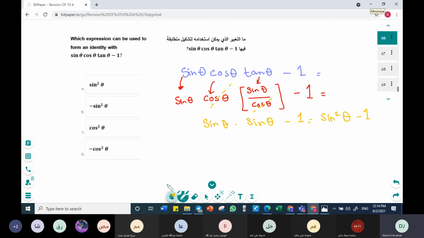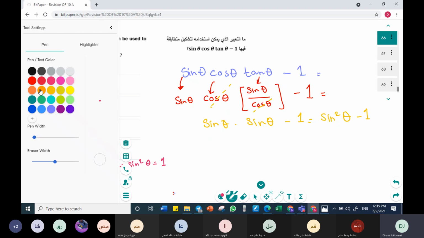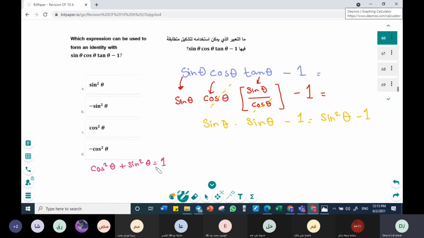And the identity that will be helping me is cosine square theta plus sine square theta is equal to 1. So I'm having here my sine square minus 1. That means I need to play with this until I reach minus 1.